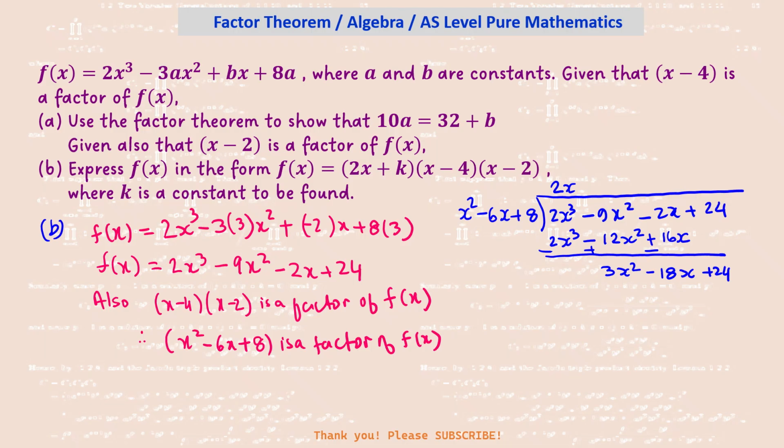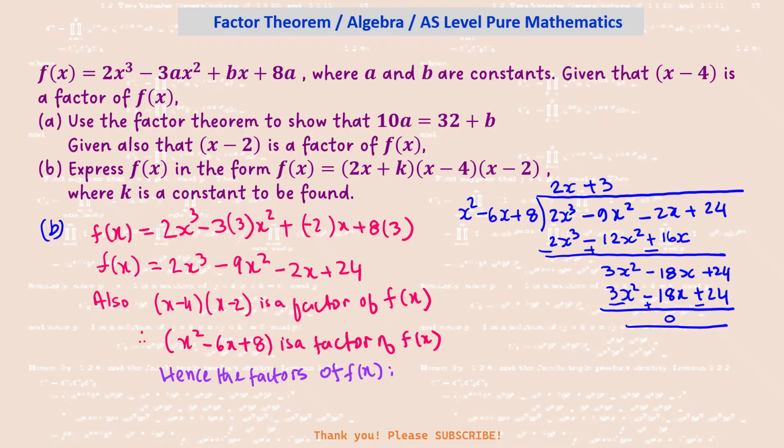Subtracting, I would get 3x squared minus 18x. I bring down the 24, and then I write here plus 3, and that's what I get: 3x squared minus 18x plus 24. If you multiply 3 with this term, the remainder is 0, meaning 2x plus 3 is a factor.